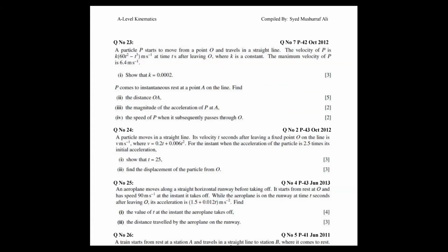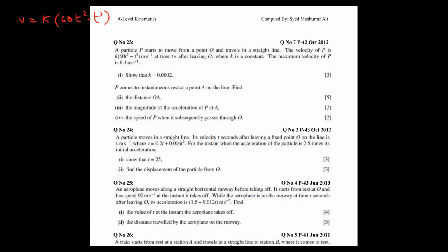So let's start. Bismillah ar-Rahman ar-Rahim. Velocity is given by v = k times (60t² − t³).